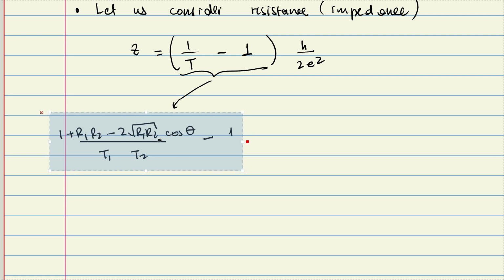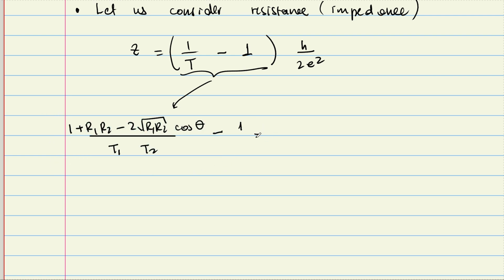And this one is equal to 1 plus R1R2 minus 2 sqrt(R1R2) cosine theta minus T1T2, the entire thing divided by T1T2.